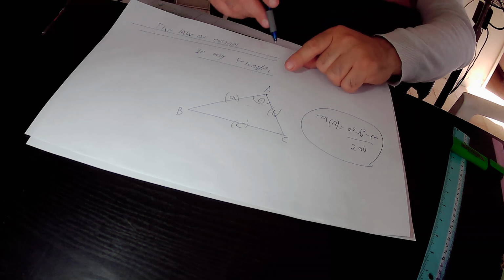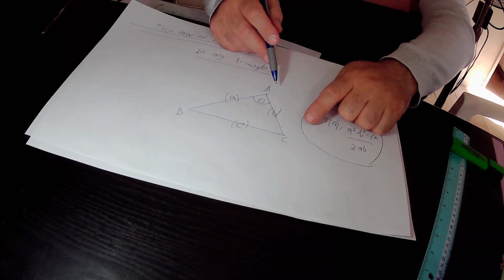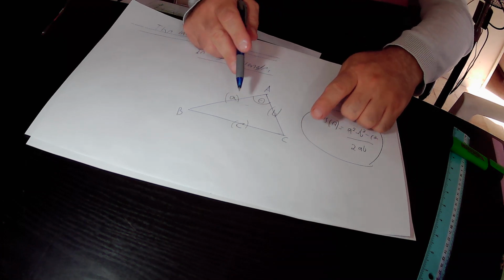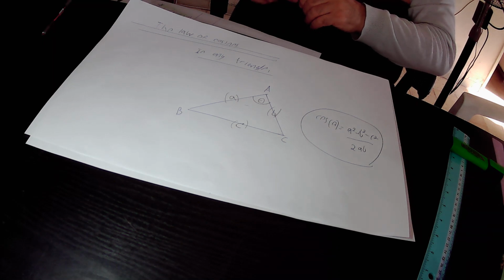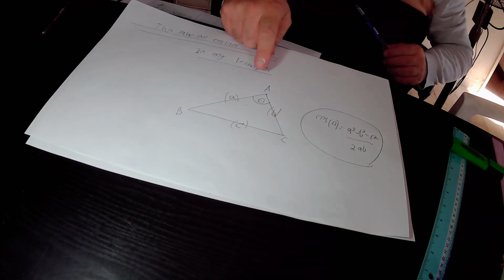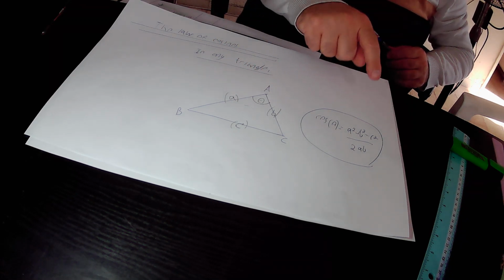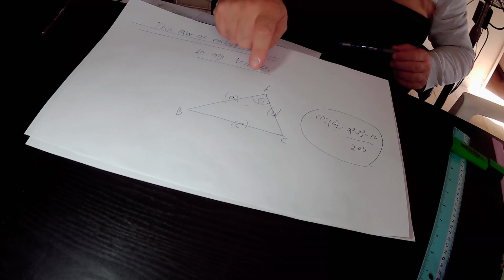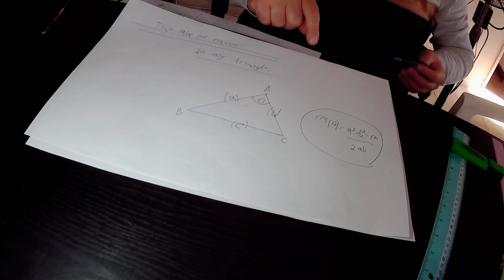The length of side AB is A units, side AC is B units in length, and side BC is C units in length. So according to the law of cosines, cosine theta equals A squared plus B squared minus C squared over 2 times A times B.